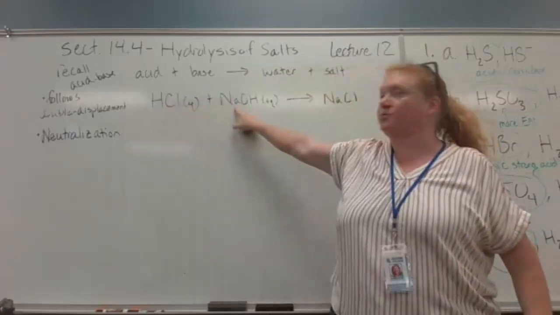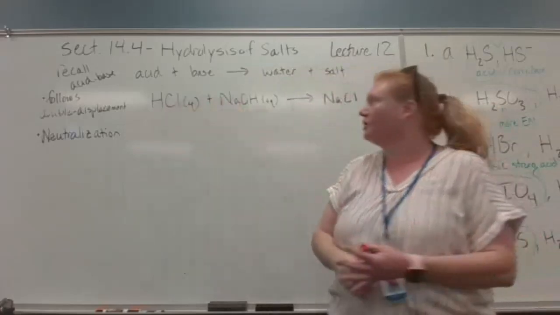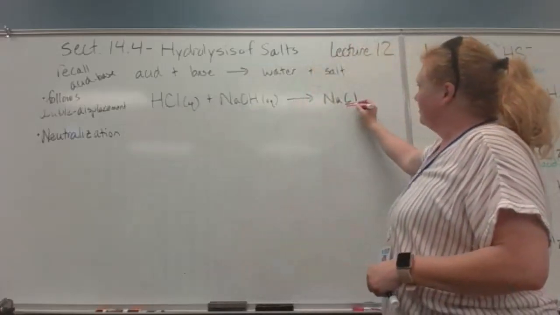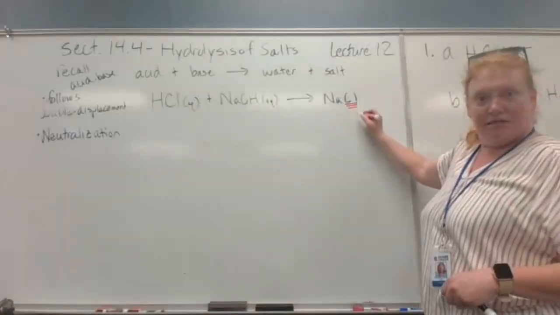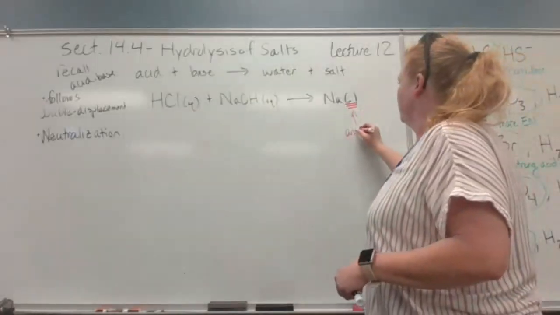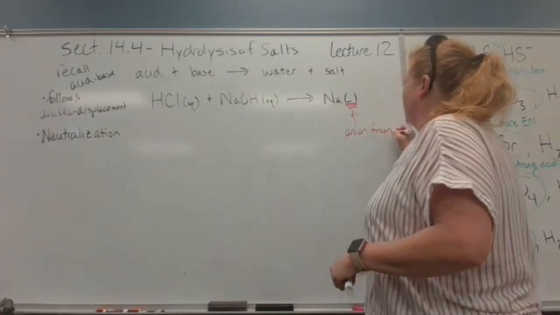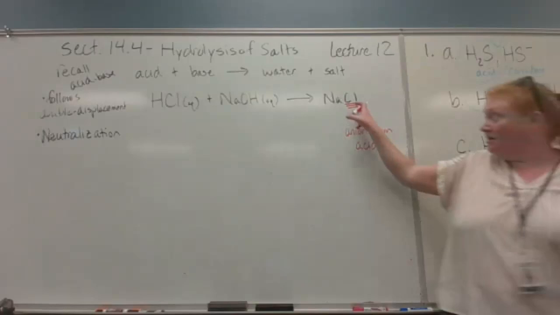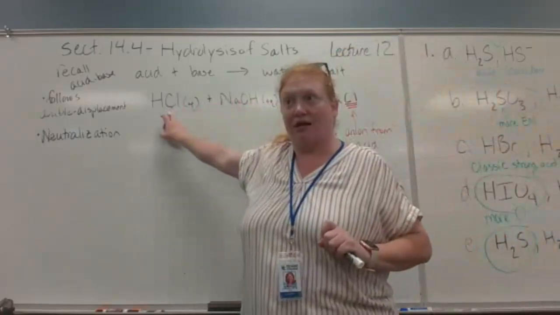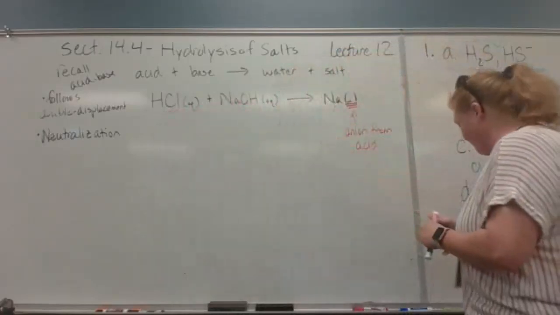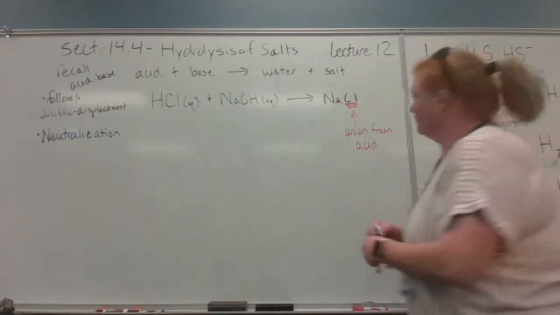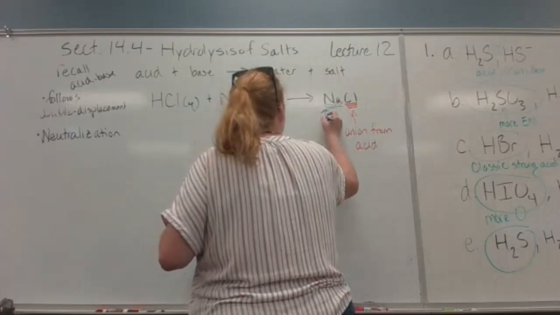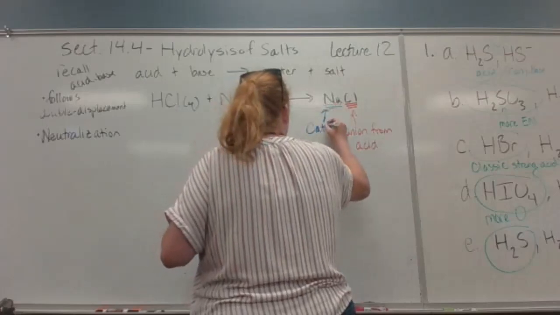The H plus is swapping places with the Na plus. That's what we're doing, right? So in my salt, my anion is coming from where? It comes from the acid, right? My anion in my salt comes from my acid. And where does my cation come from? My cation comes from my base.